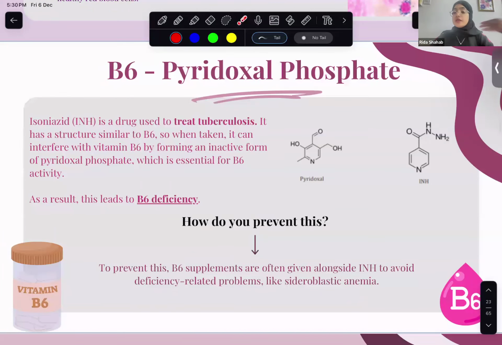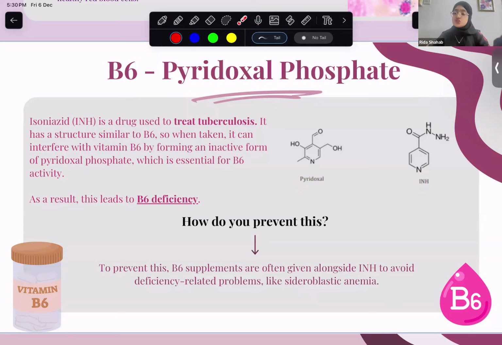Another very important topic for pyridoxal phosphate is isoniazid. Isoniazid is one of the drugs used to treat tuberculosis, and it is structurally similar to pyridoxal phosphate.